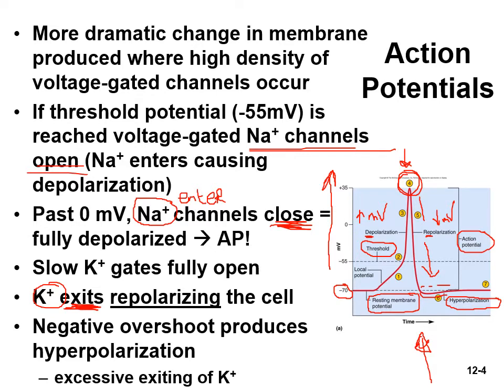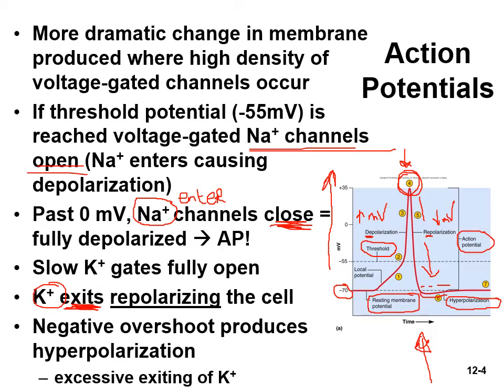When you start opening your sodium channels, they slowly start coming into the cell and it slowly starts moving the membrane voltage up. When it gets to negative 55 millivolts, that is then when you've reached your threshold. That's the minimum amount you need to get excited to give a full response. And in that case, we'll see that all the sodium channels open up, and that's why you then have that high spike up to positive 35 millivolts.